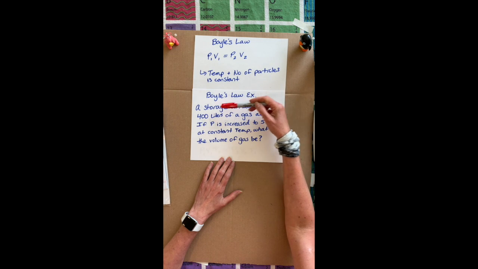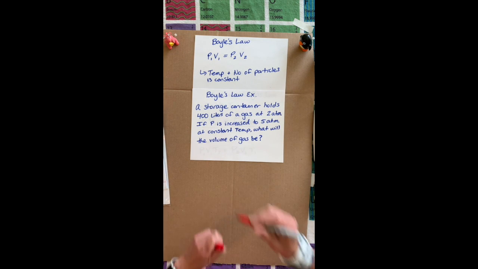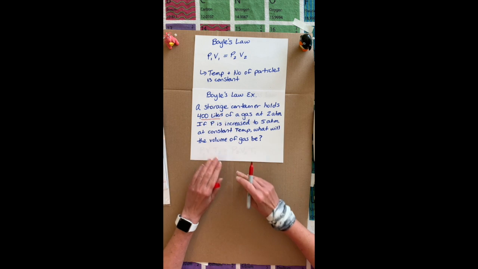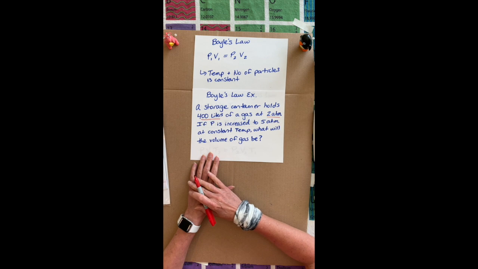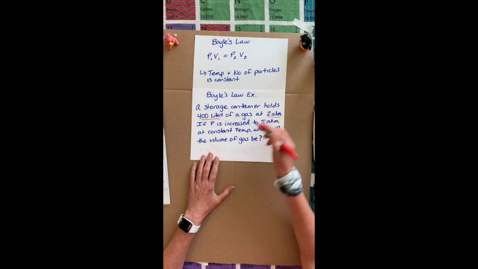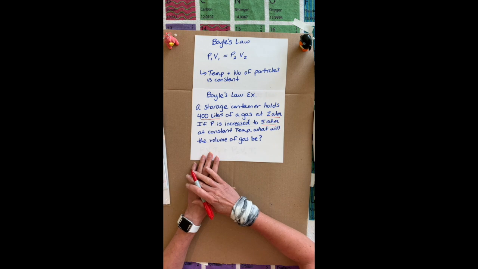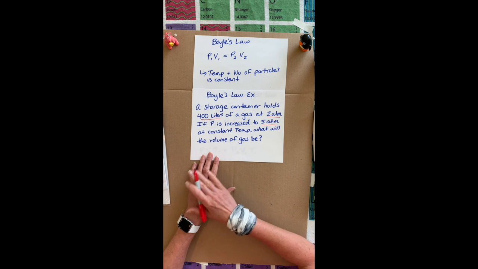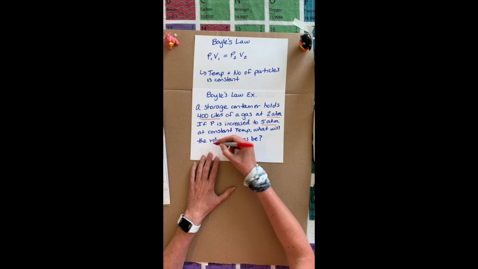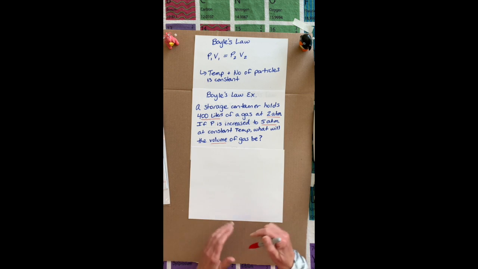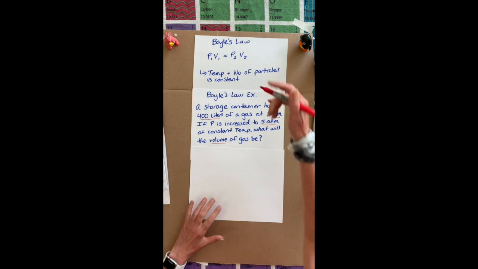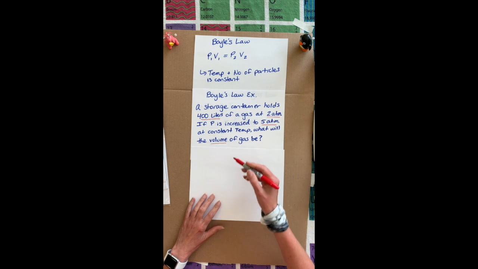Okay, so now we're ready to look at an example problem demonstrating Boyle's law. A storage container holds 400 liters of gas at 2 atmospheres of pressure. If the pressure is increased to 5 atmospheres at constant temperature, what will happen to the volume of that gas? So let's look at this in the context of the equation here.